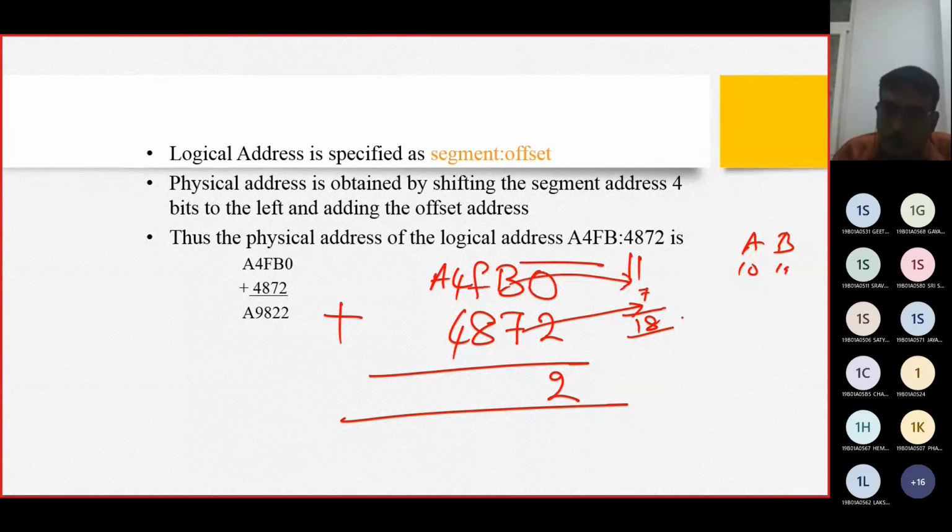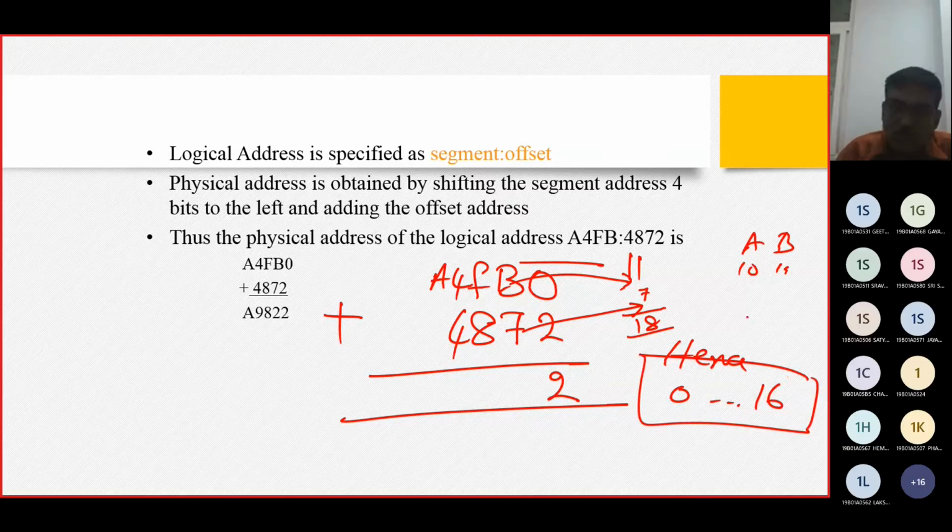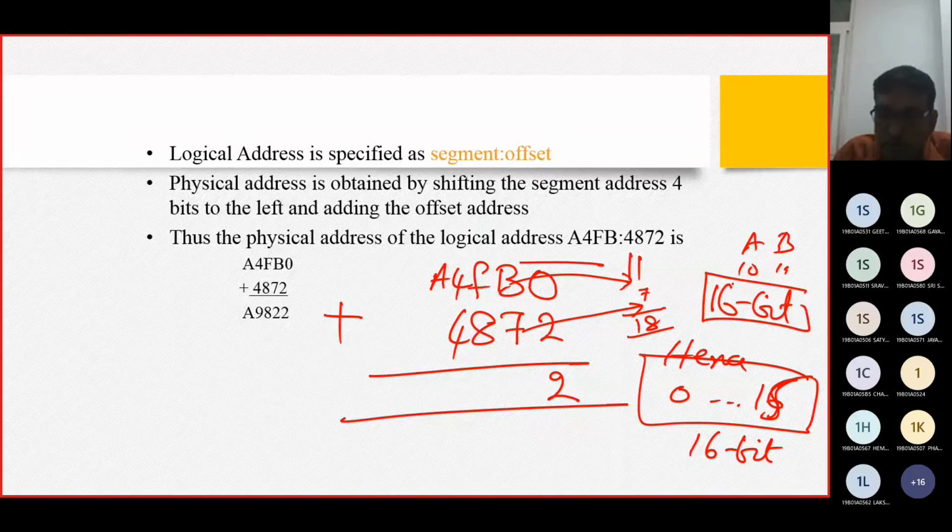Now, what does the hexadecimal number system mean? It is going to have digits from 0 to 15, total 16 digits. So I have to subtract 16 and create a unit.